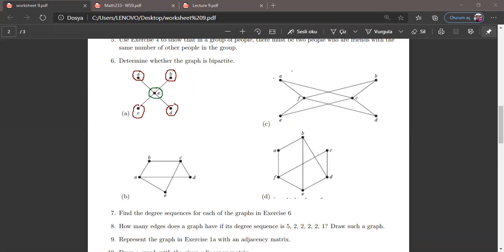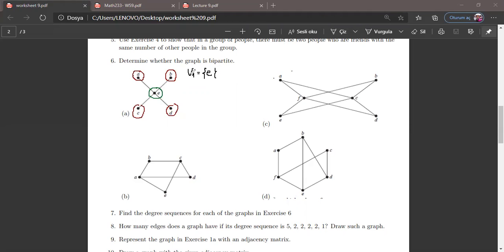So what are the sets of vertices? The first vertex set we will call V1. Let's write it like this.